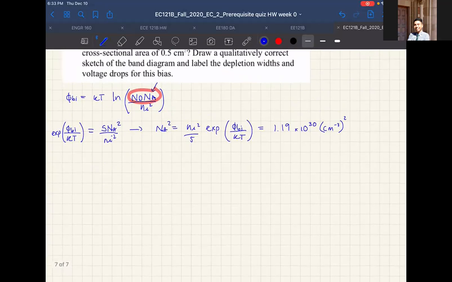And since you care about Na, you just take the square root of that. And the result is 1.09 times 10 to the 15 per centimeter cubed. So that is the doping concentration.